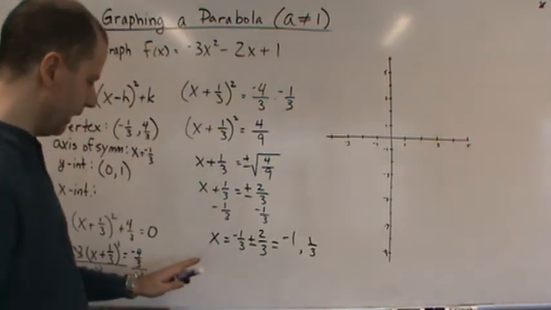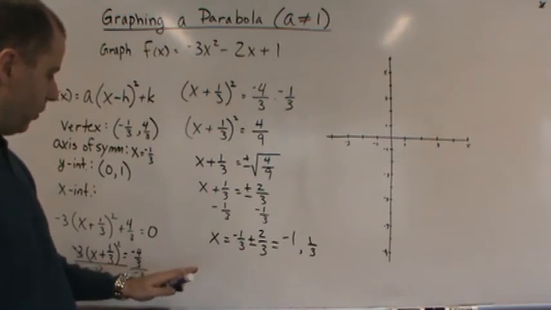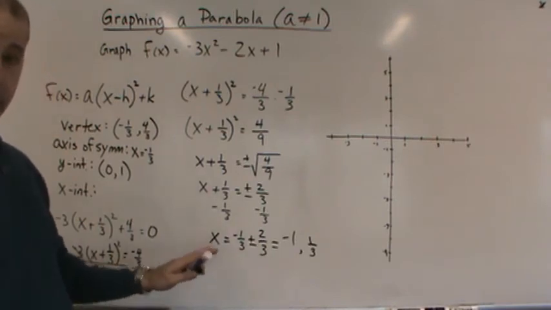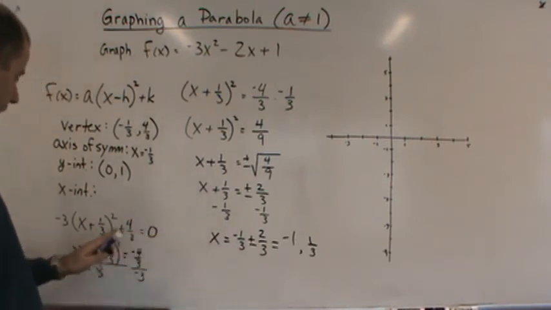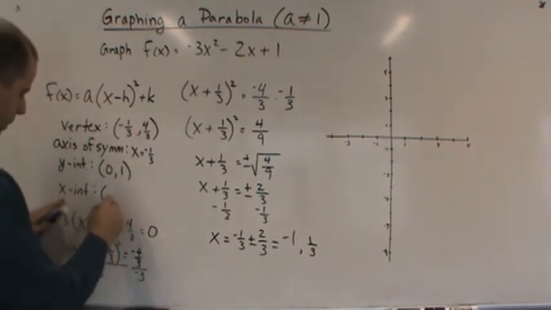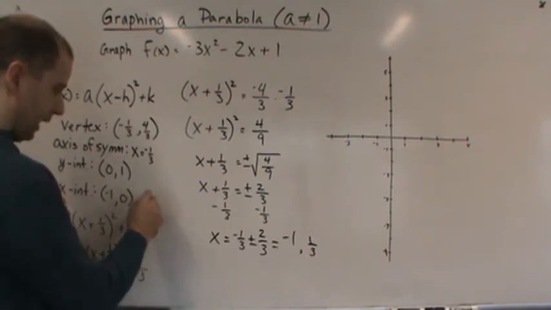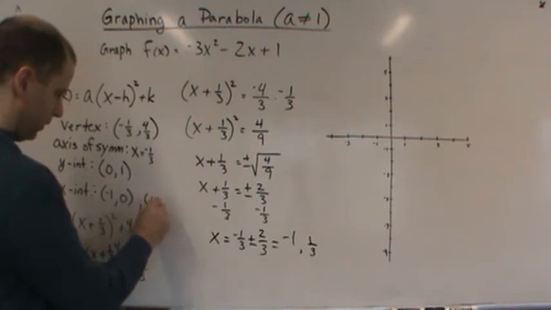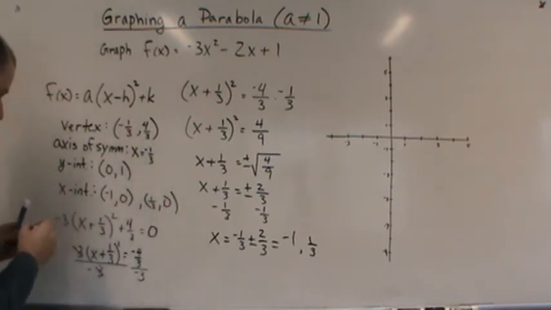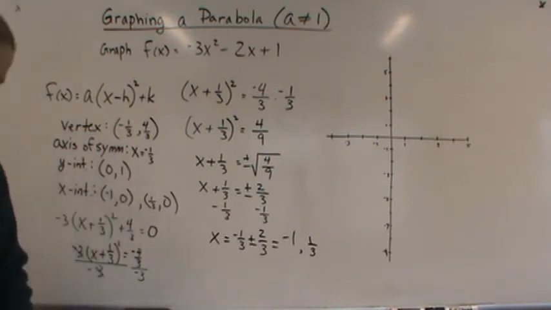And so, again, I get two values for x. Okay? So those are the two x-intercepts. One x-intercept is going to be at (-1, 0), and the other is going to be at (1/3, 0). Okay? So now I've got three intercepts, I've got the vertex, and so let's graph this thing.